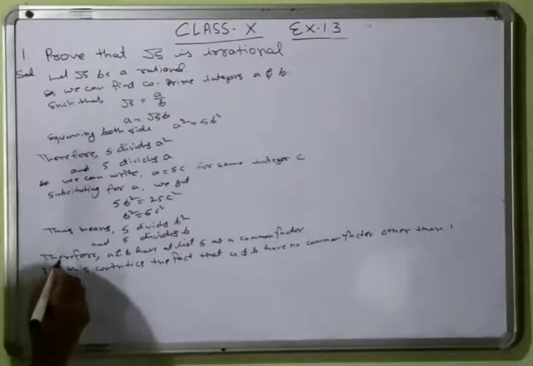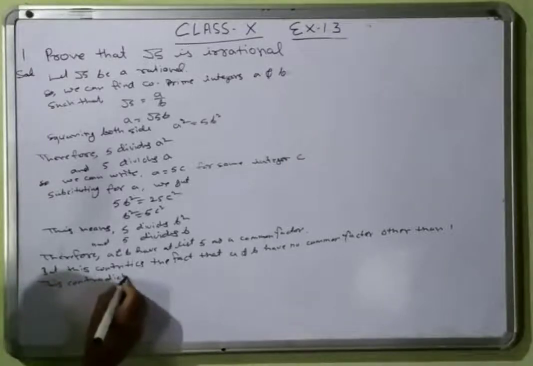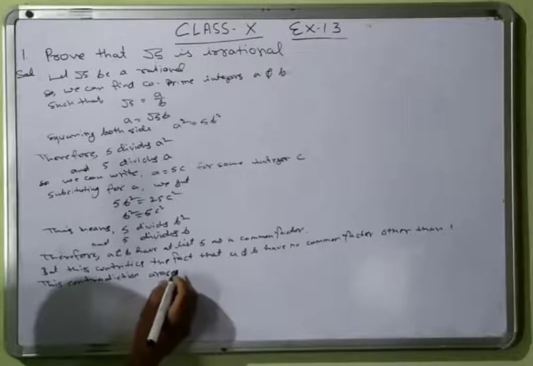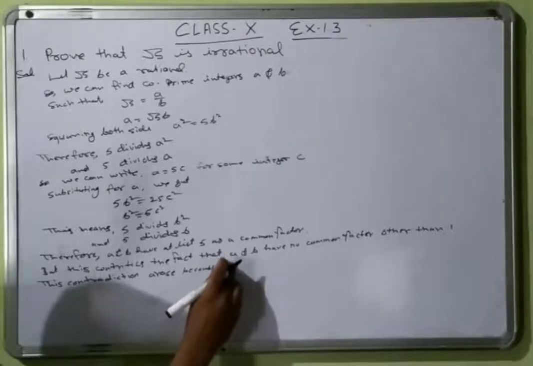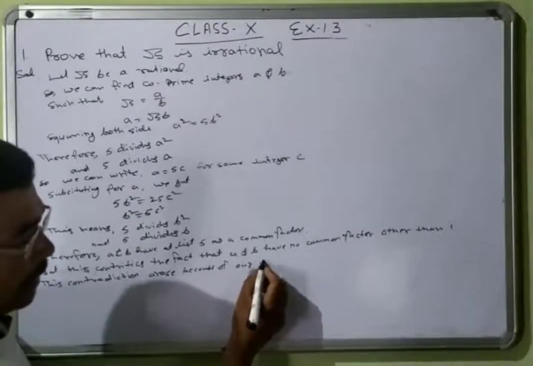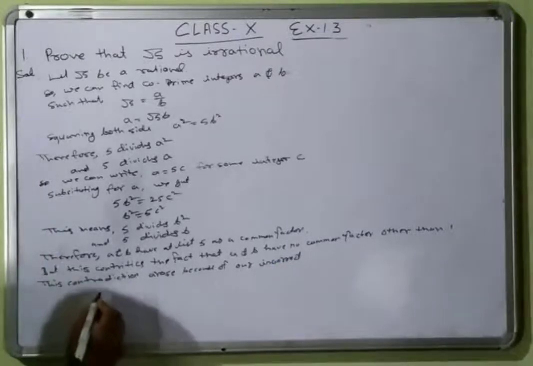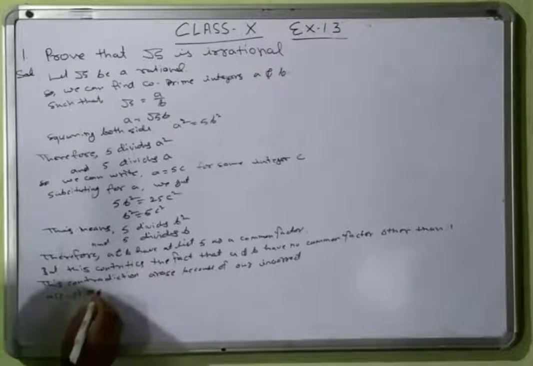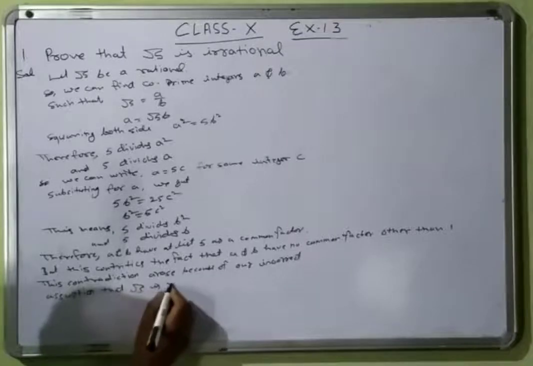This contradiction arose because of our incorrect assumption that root 5 is rational.